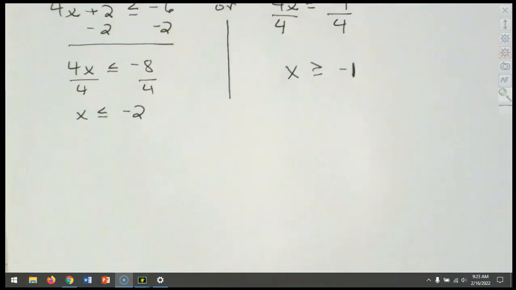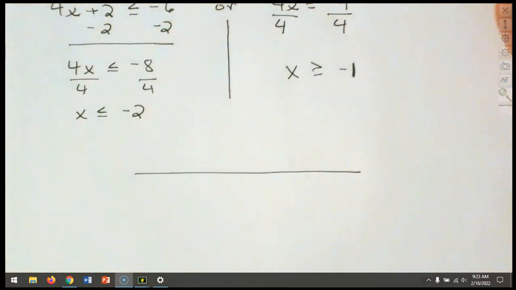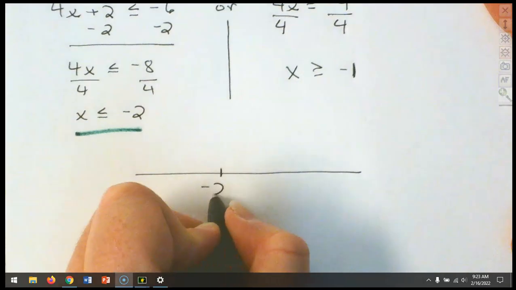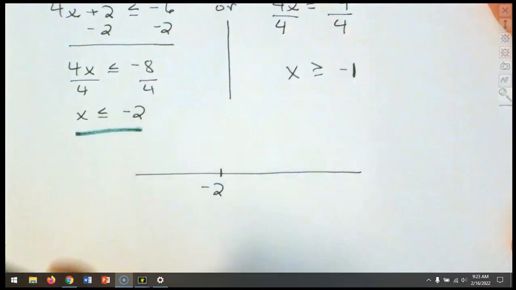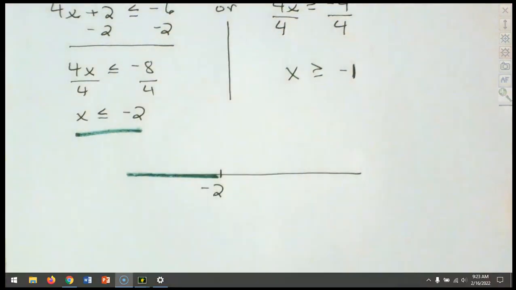Now we put them on our number line. And we've got a negative 2. So negative 2 is about here. And it's pointing to the left. So we'll go ahead and shade back to the left.